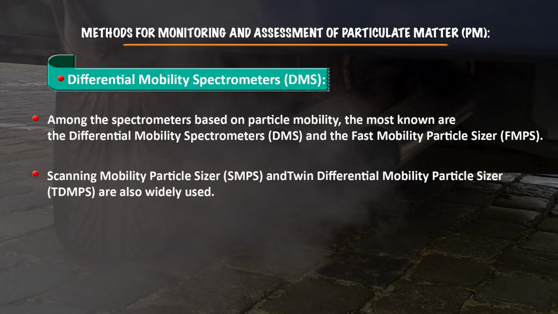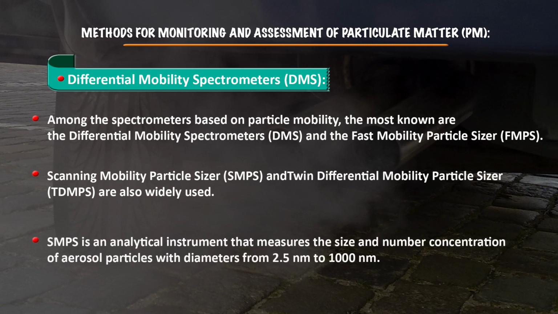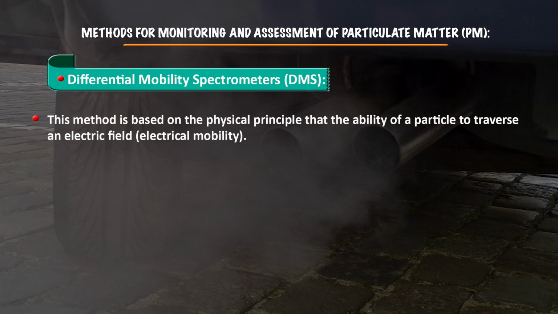They are also widely used. SMPS is an analytical instrument that measures the size and number concentration of aerosol particles with diameters from 2.5 nanometers to 1000. This method is based on the physical principle of the ability of a particle to traverse an electric field, that is the electrical mobility.